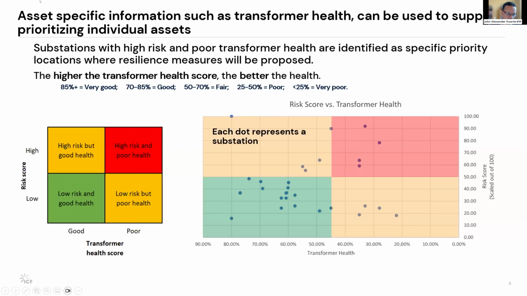But just thinking about transformers, looking at the 2x2, you have a risk score that would include exposure. It might include consequence that considers the customer profile that station serves, and then transformer health score is one other dimension. So you see here in this upper right quadrant, you have high risk, so that might be high exposure, high consequence by customers served, and then poor health. And so that might help you prioritize.